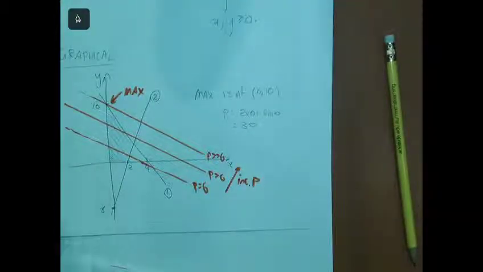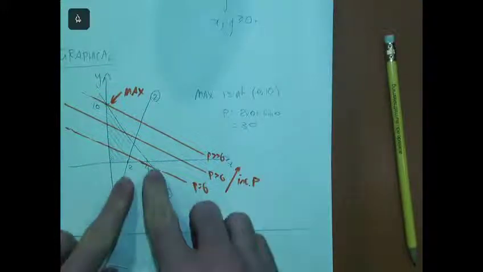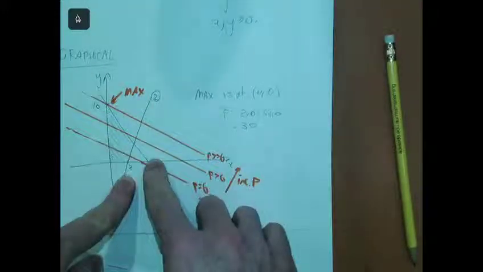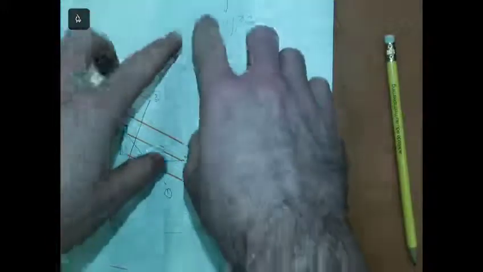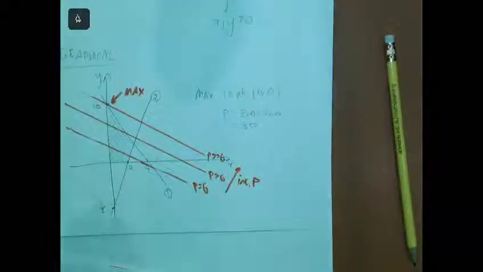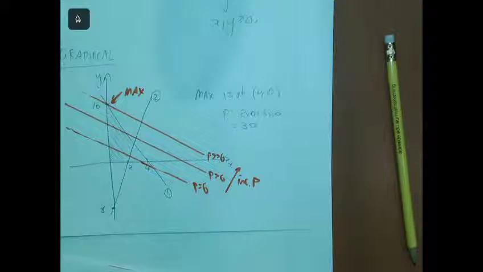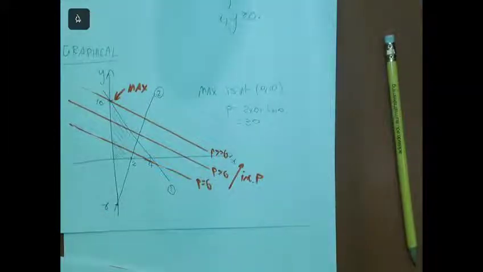Oh, I should point out that if your lines are not quite so nicely different in slope, you would have to draw it way more accurately than I did. This slope here was quite steep relative to that one, but if they were a bit closer together, I might have to be a bit more precise about where things were, because maybe it would hit this other point here last if the slopes were different.